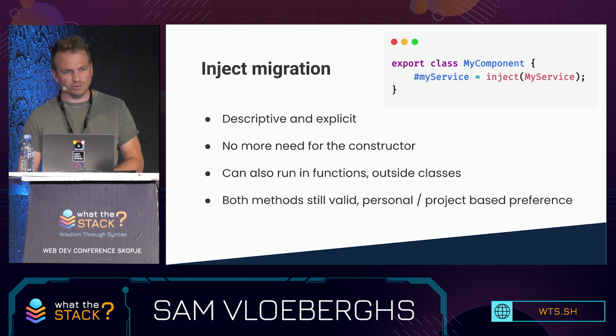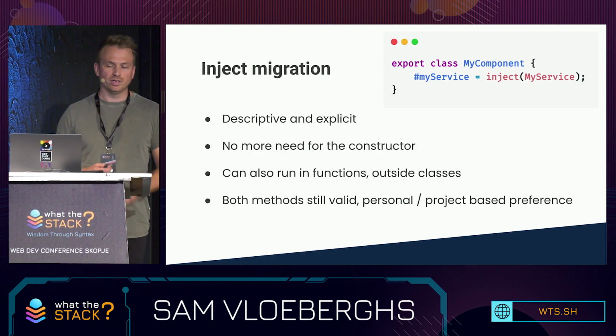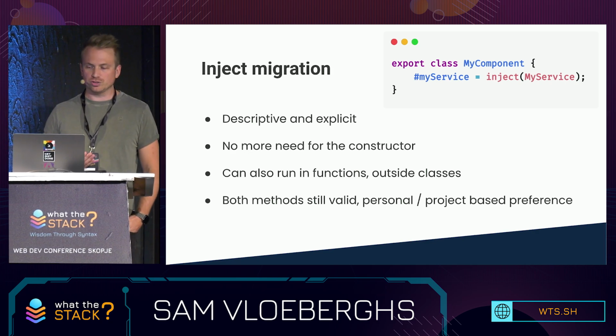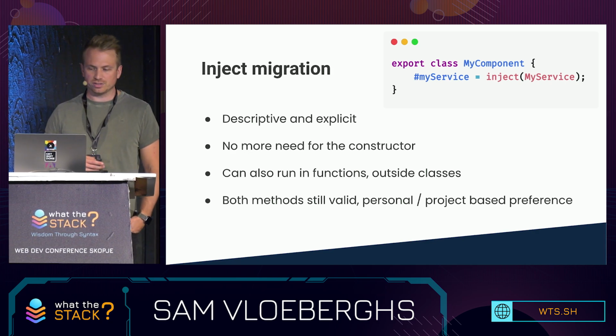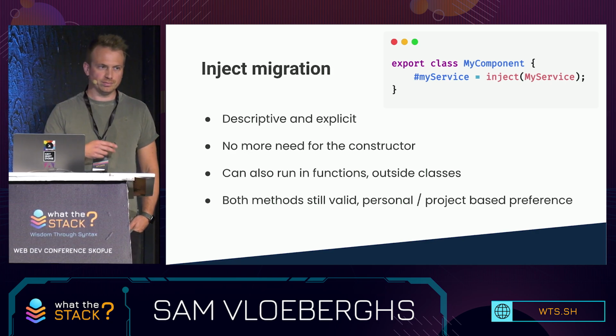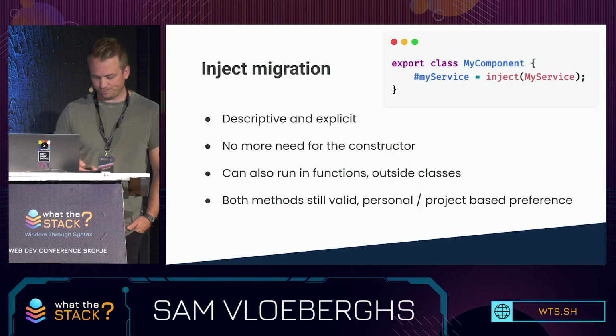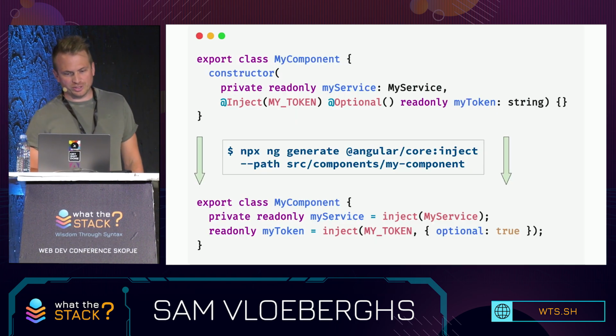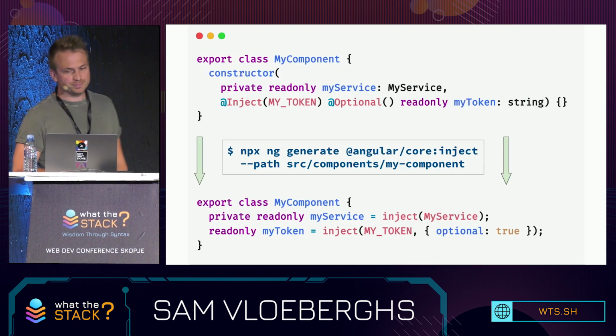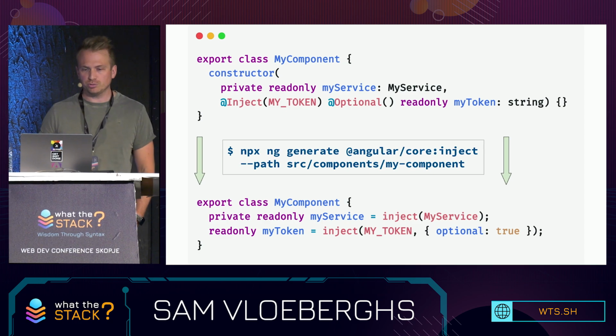And if you're not running in an injection context, you can still do it with a helper function called runInInjectionContext, but you will need to pass the injector as well, so you will at some point need to be able to inject stuff. And here we see the result from running the migration command, just using the default options.